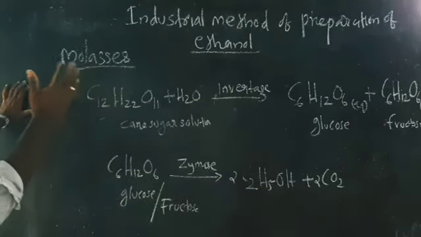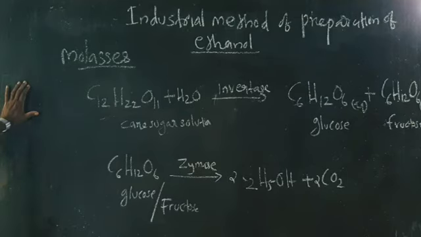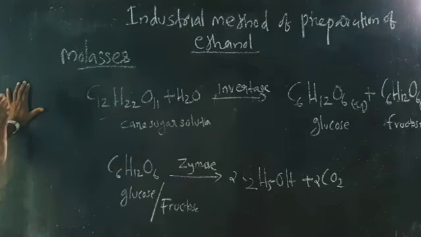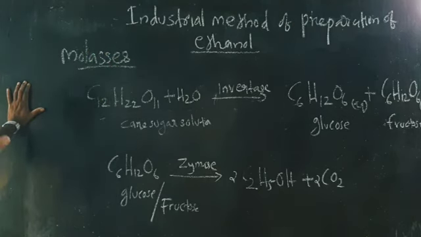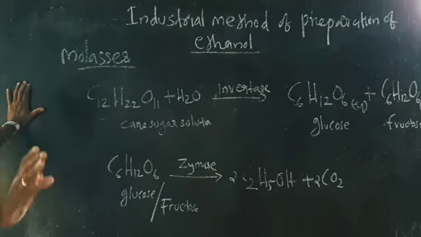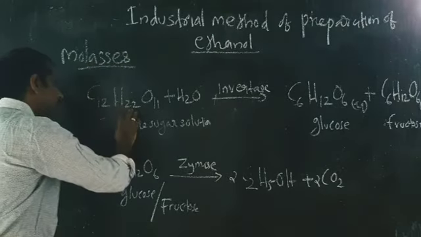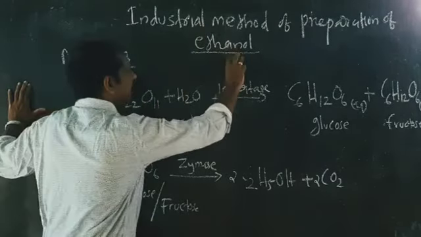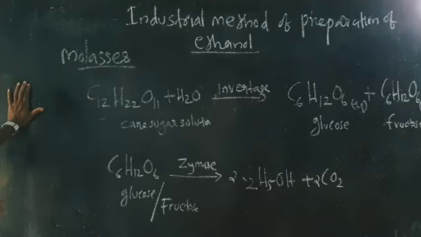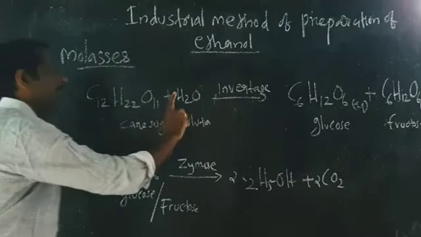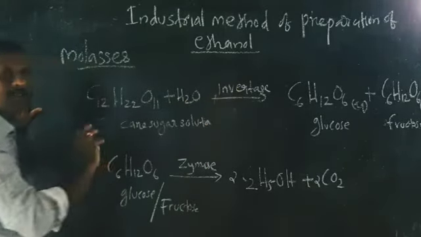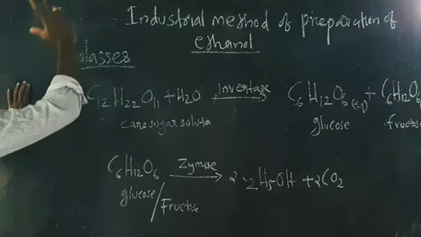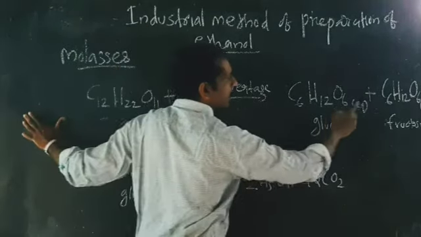Ethanol is industrially prepared by the fermentation of molasses. Molasses is simply cane sugar solution, to which we add yeast, a biological catalyst. Yeast contains the enzymes invertase, maltase and zymase. The enzyme invertase converts cane sugar solution into glucose and fructose.